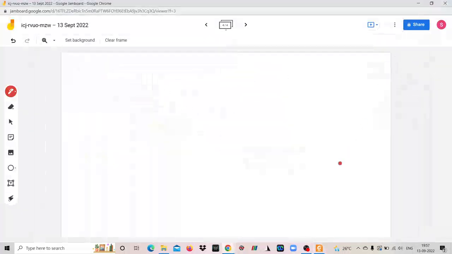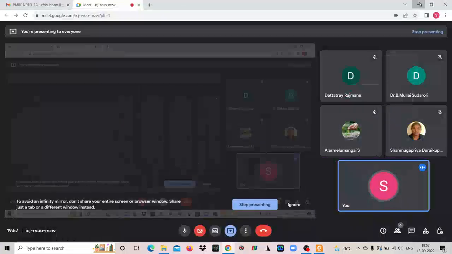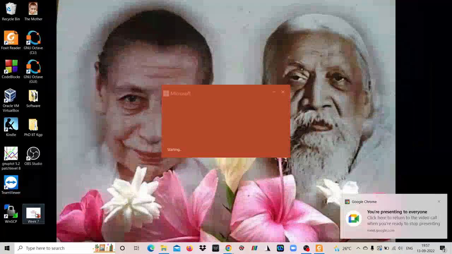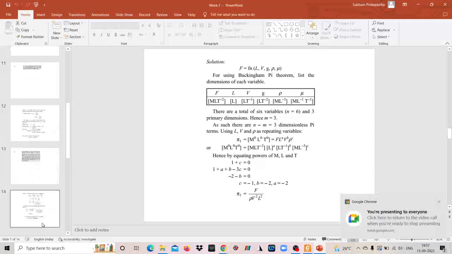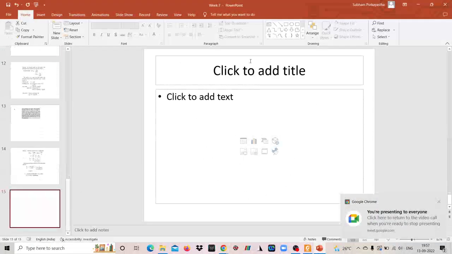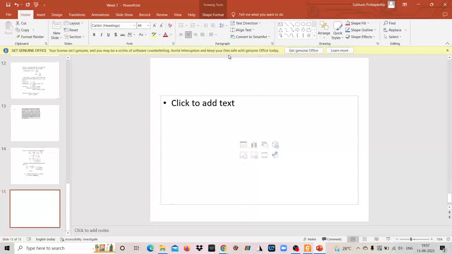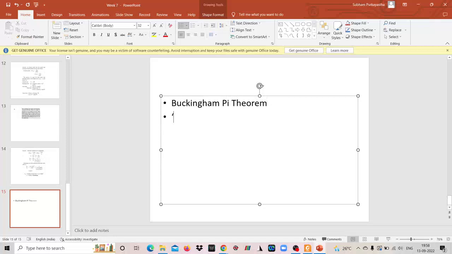Now, what are the problems that are important from this particular section? Why am I stressing this section? Because dimensional analysis is a very scoring section. The first thing that you need to see is Buckingham pi theorem.